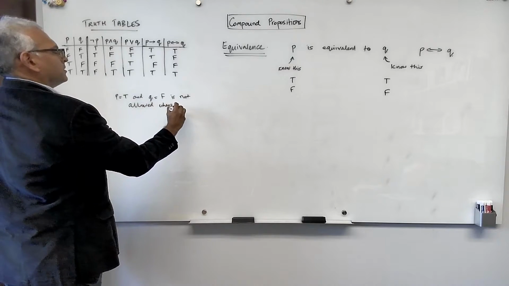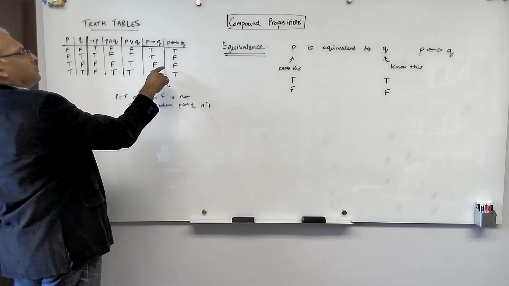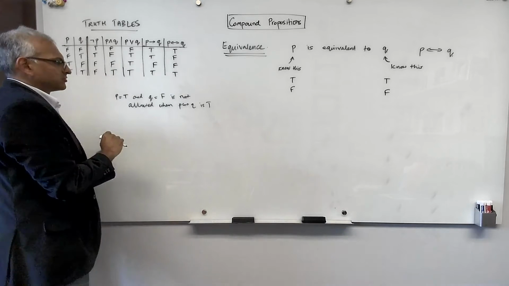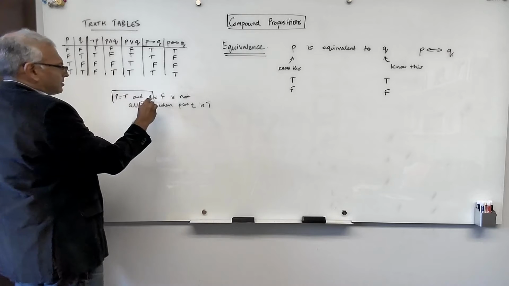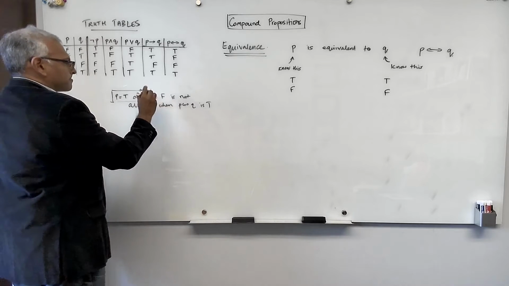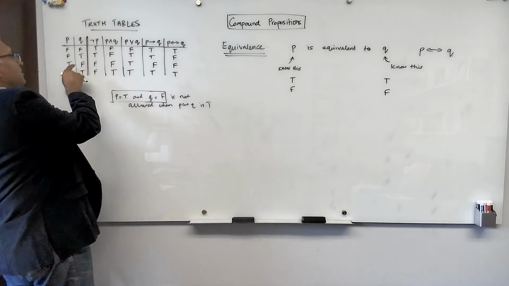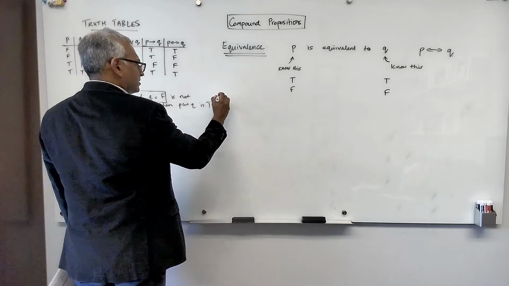So P equals true and Q equals false is not allowed when P is equivalent to Q is true, because if you have this row true, false, then the equivalence is false. If this row is not allowed for a true equivalence, that means that P implies Q will also be true.